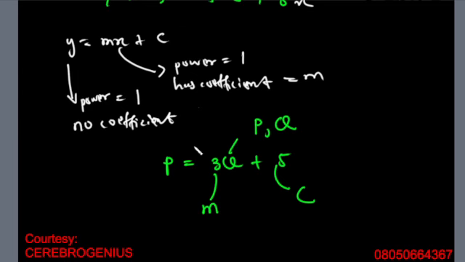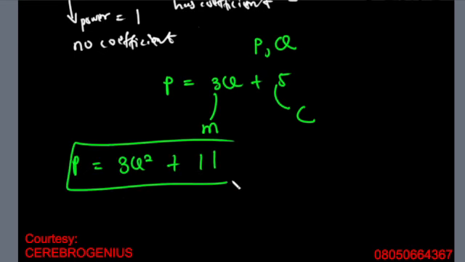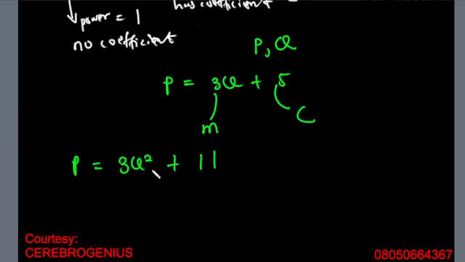It doesn't matter that they have changed the variables to p and q, the result will still be the same. But if somebody told me that his own equation is p equals 3q squared plus 11, this is no longer the equation of a straight line. Why? Although p has no coefficient and its power is 1, q has a coefficient, but the power is no longer 1.